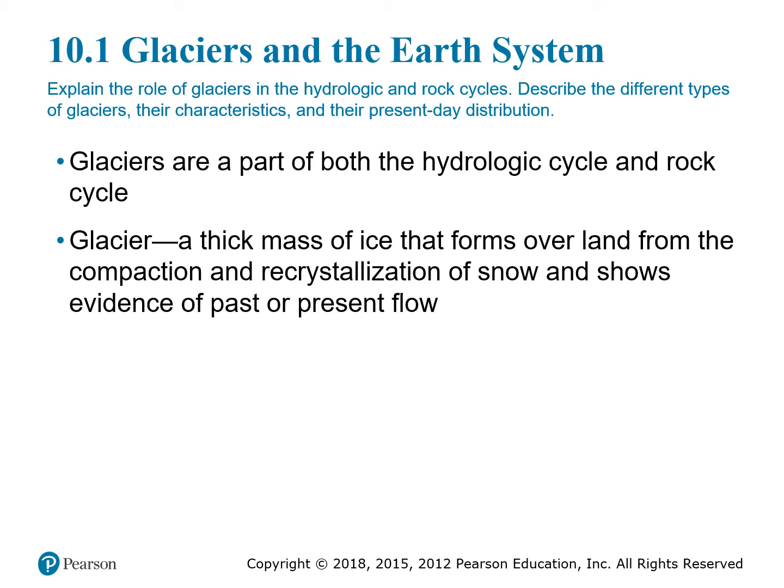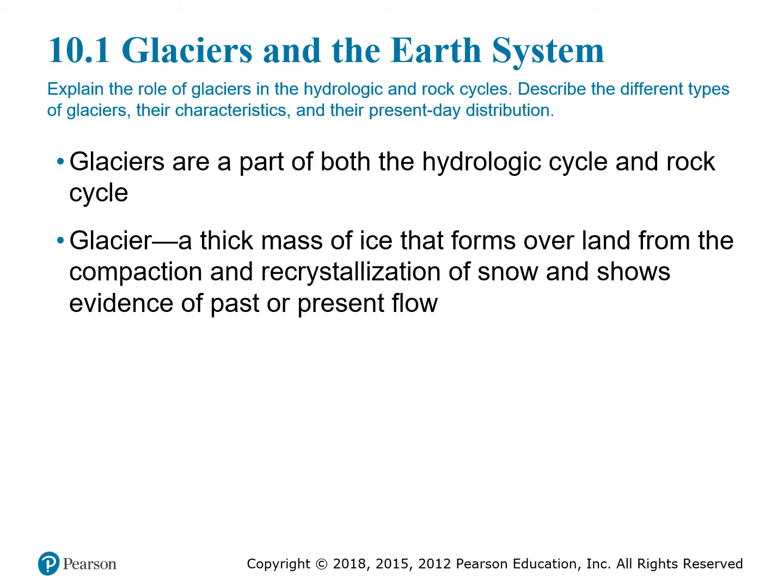So essentially they're converting a lot of rock into sediment, and that sediment can then be carried by meltwater or wind further downhill into depositional areas like the ocean or a lake. And then that becomes part of the rock cycle, because ultimately you create sedimentary rocks, and this process could repeat itself. But let's get down to the definition of a glacier.